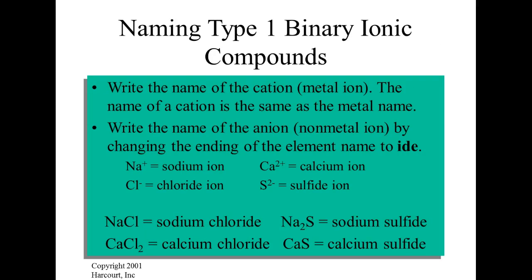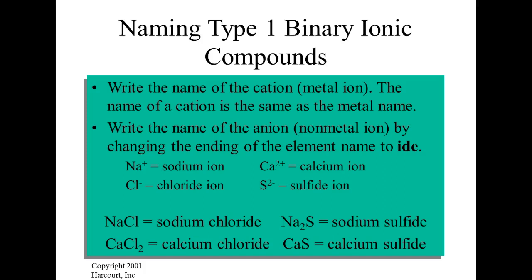So when we're doing binary ionic compounds, these are the ones that have fixed charges, like group 1 is always +1 and group 2 is always +2. And we put them together so the charges balance out and make 0. We have the regular name of the first element, and then we change the negative ion to an "ide."